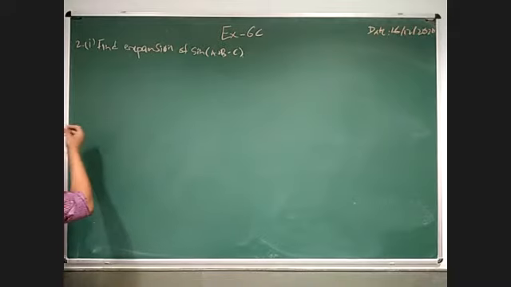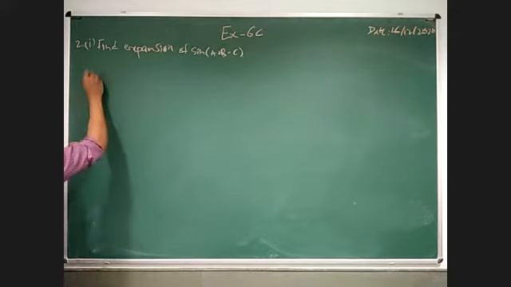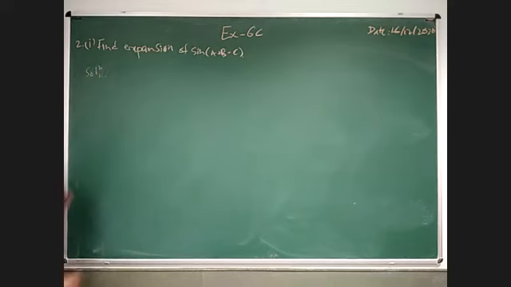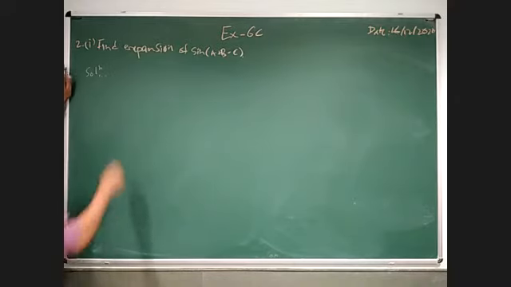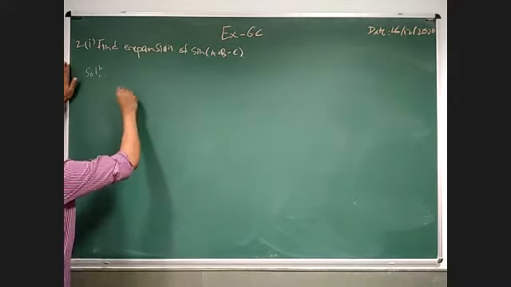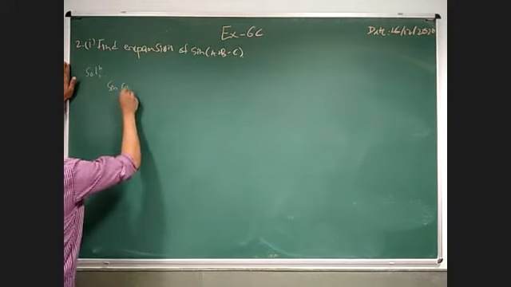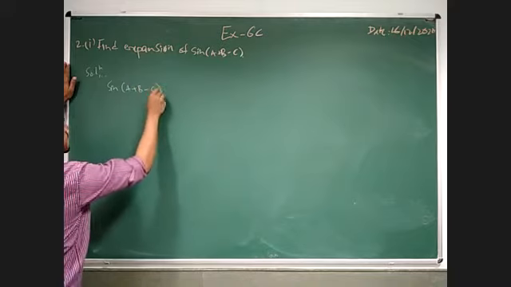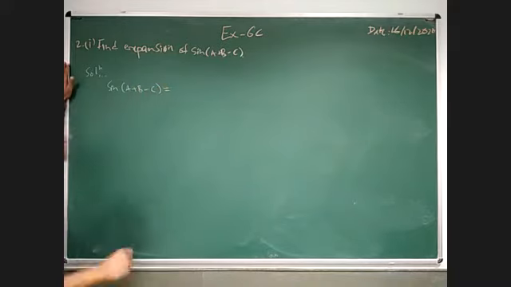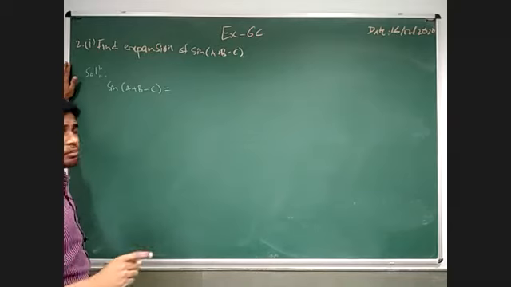Just you have to do the solution like the question we did when we started our exercise 6c. So just see, sine(a plus b minus c) is given. Here you have to use one compound angle formula.